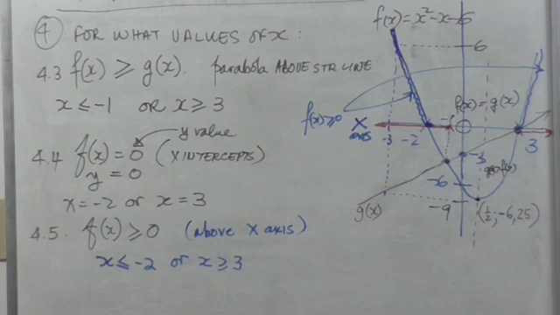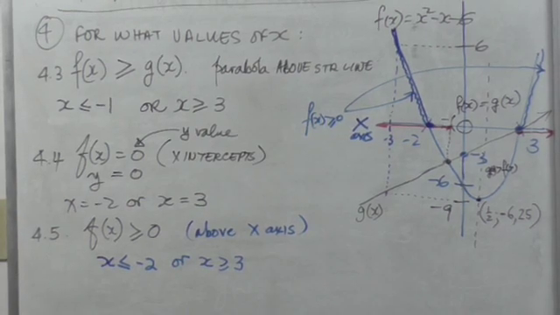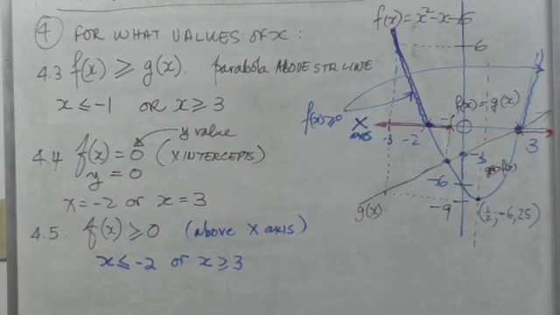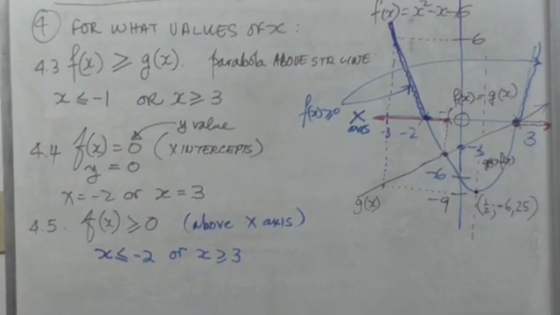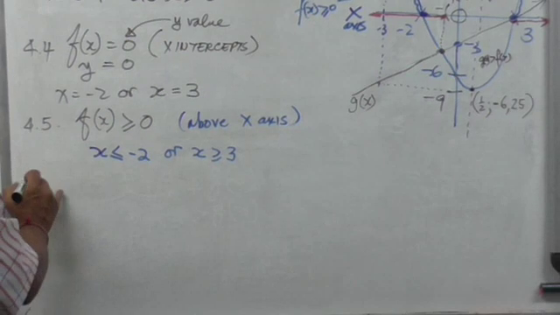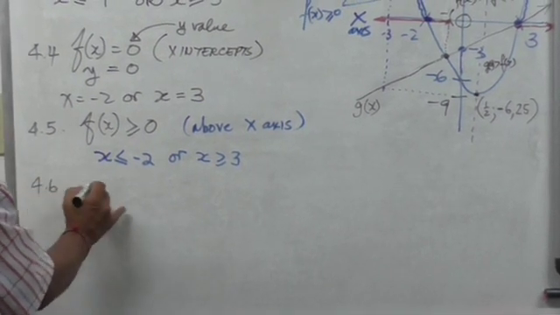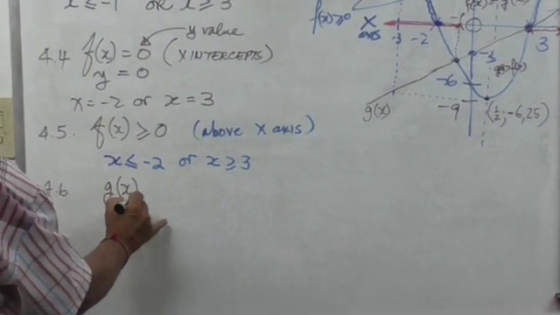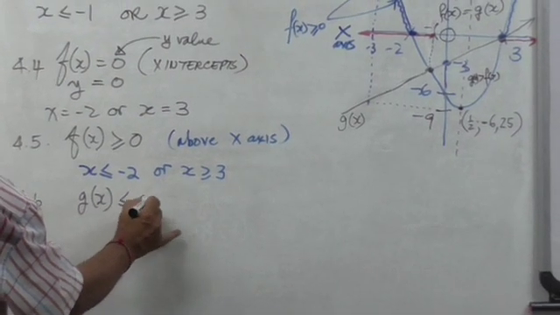Right, let's do 4.6 now. Let's say g of x is less than and equal to 0.